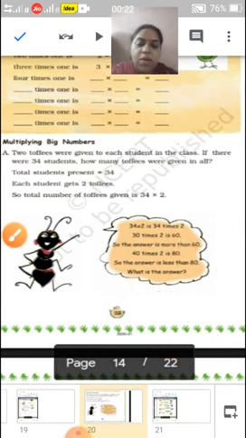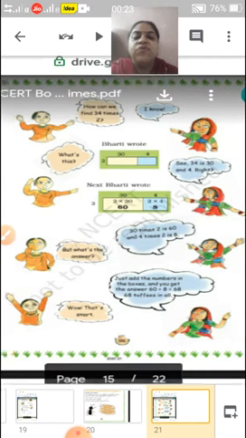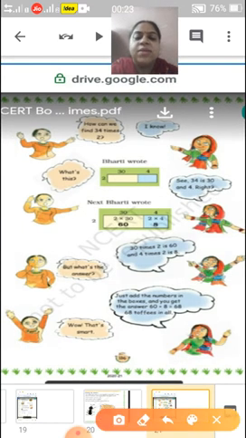Now come to the next page. Here, how can we find 34 times 2? Bharti wrote 30 and 4, which means 30 times 2, that is 60, and 4 times 2, that is 8.